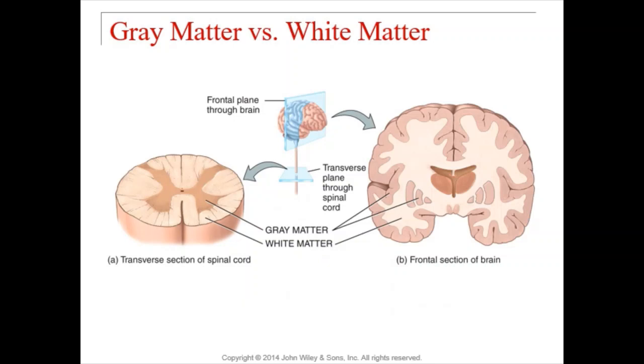For example, when we look at the brain and spinal cord, we break them up into areas, mainly different colored looking tissues, what we call gray and white matter. When you look at gray and white matter, you're just looking at where there may or may not be myelin on the axons of the neurons in the tissue.